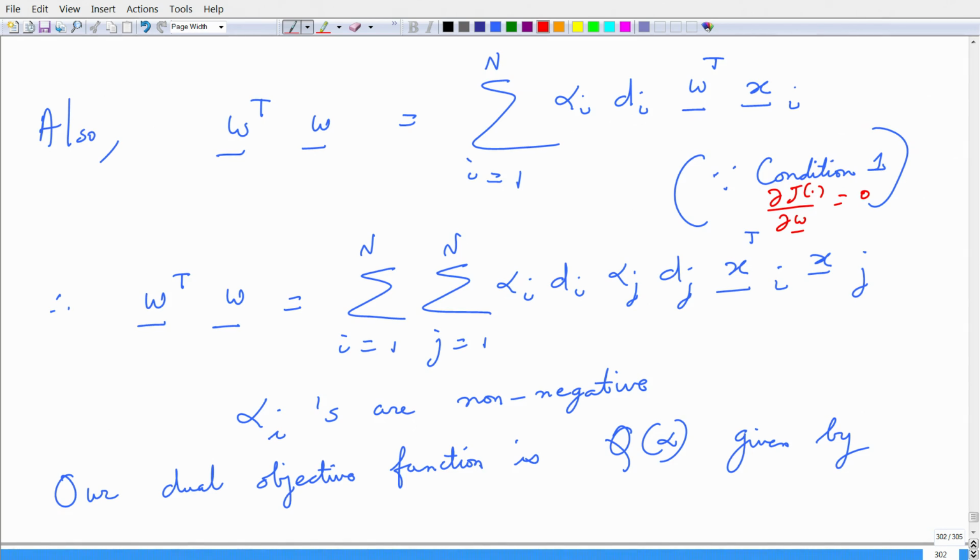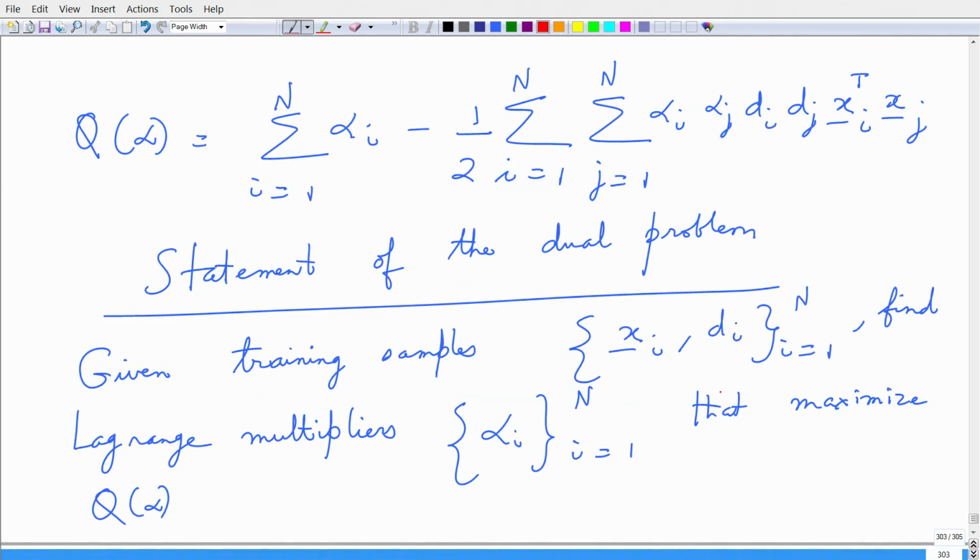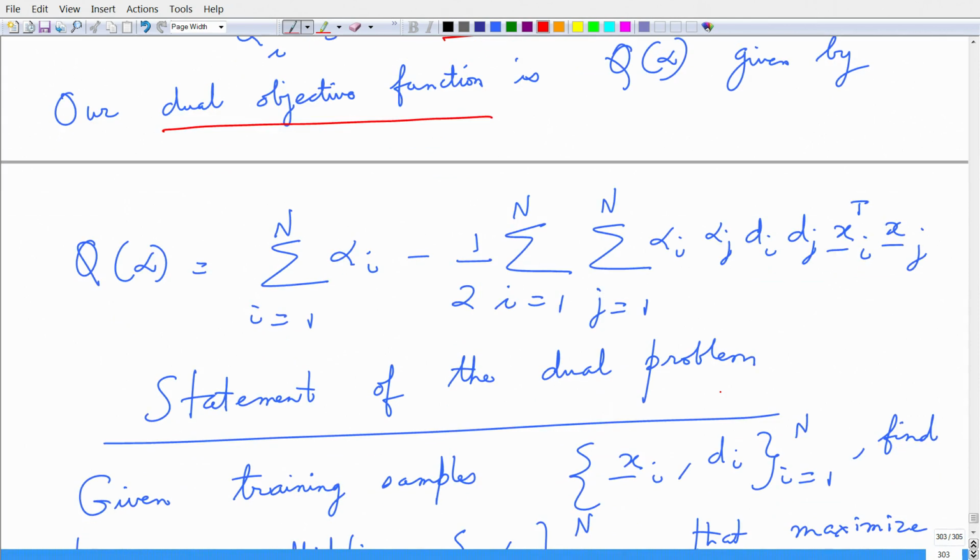Now, these alpha i's are non-negative, that is they are greater than or equal to 0, and I can formulate my dual objective function in terms of what I have from the primal case. So, let q of alpha be the dual objective function.